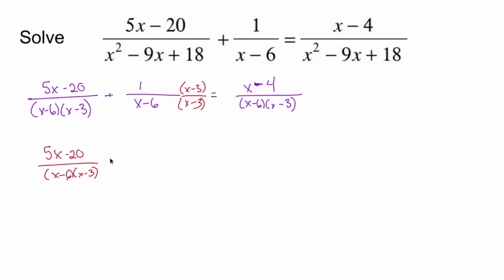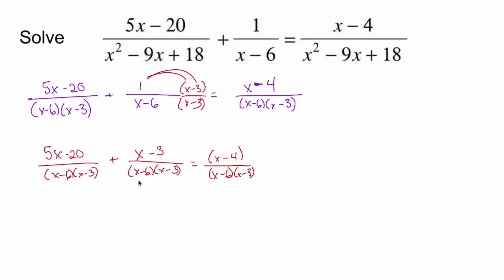You are now 1 times x, so plus x, and 1 times -3, minus 3, over x minus 6, x minus 3, equals x minus 4 over x minus 6, x minus 3.